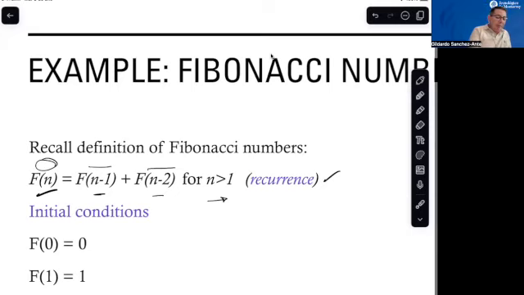And we are given initial conditions: the Fibonacci of 0 is 0, and the Fibonacci of 1 is 1. In some other books, they start the conditions by saying the Fibonacci of 1 is 1 and the Fibonacci of 2 is 1, and then we can perform the recurrence in order to solve the problem.